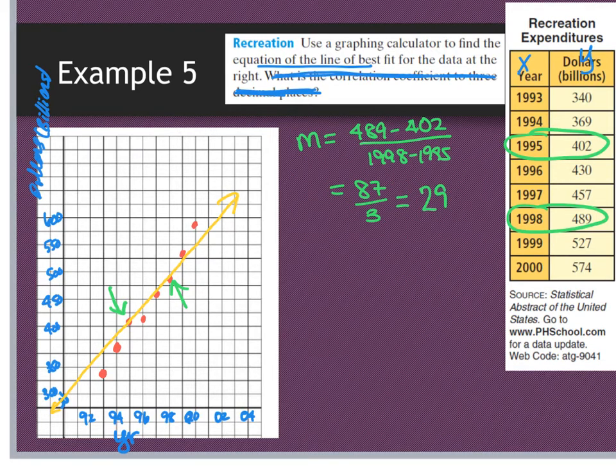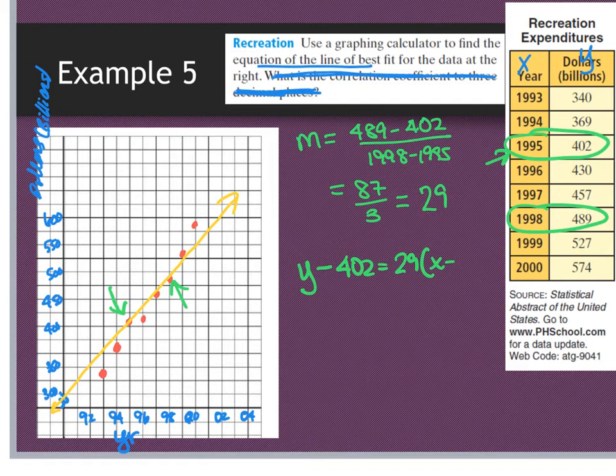I'm going to select one of my points, which I'll just use this first one, and I'm going to have y minus y1, which would be 402, equals my slope of 29 times x minus... in this case, I'm not going to want to use my x value as being 1995.